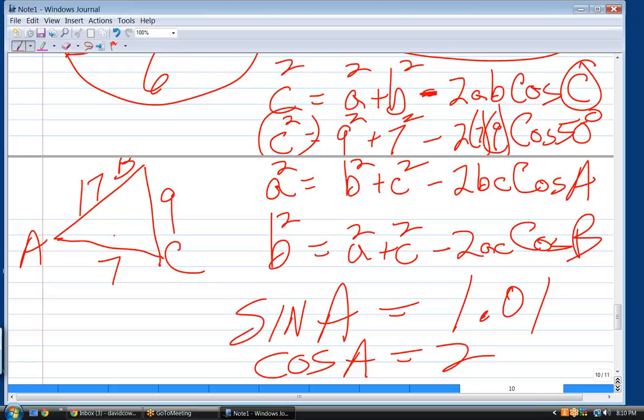So if I gave you this triangle and said solve it, it's side, side, side, you would use your law of cosines, and you would discover that the cosine of one of these angles, the very first one you look at, is going to be a number greater than 1. You don't have to figure out if that's a possible triangle or not. Just go ahead and apply the law of cosines, and it'll tell you if it's impossible.